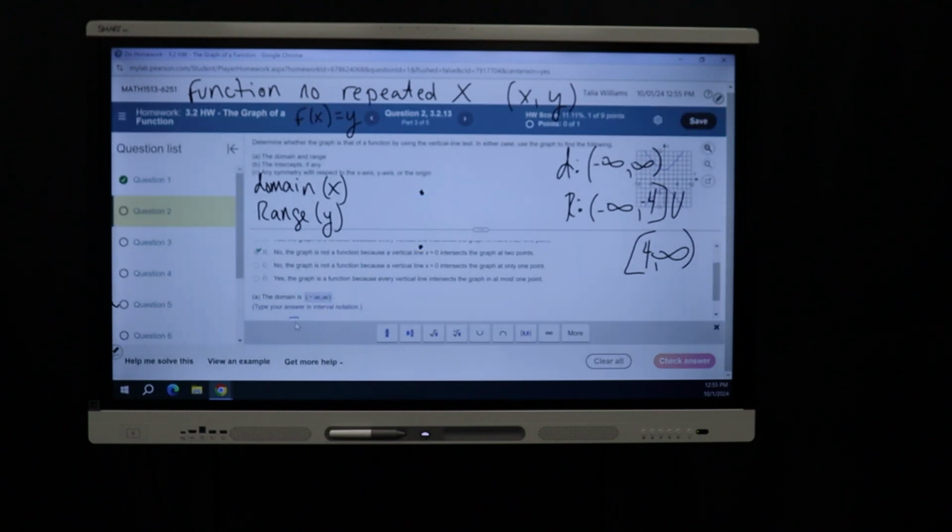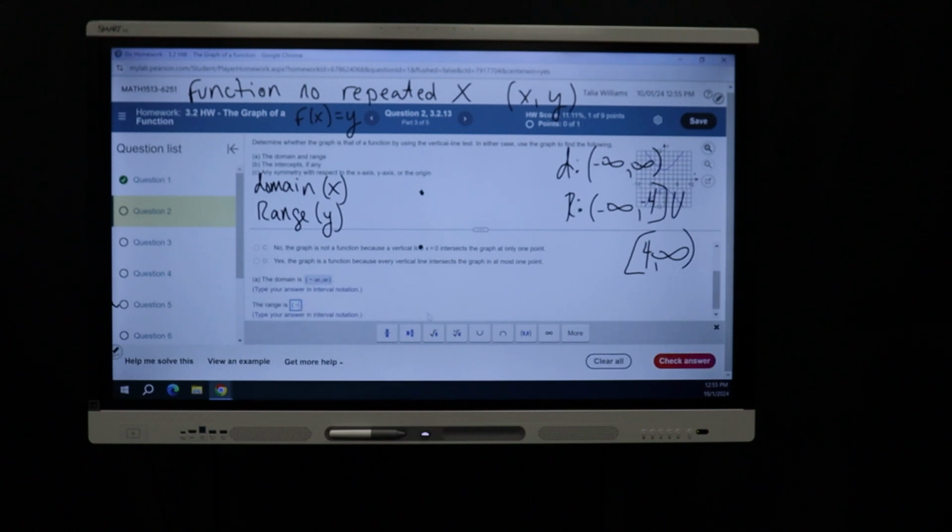So our range is that negative infinity to negative 4 with a bracket because it is on that line, it is equal to it at that point. Unioned with, then our graph doesn't have anything going on until we get back to 4, but it can be equal to it, so you need a bracket, and you're going to positive infinity. And infinities get parentheses.